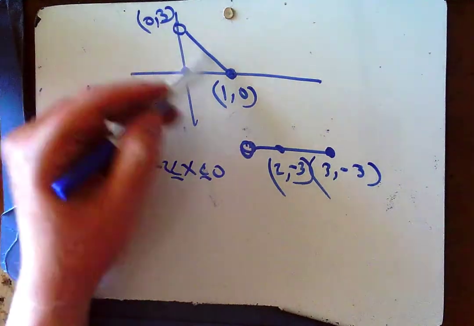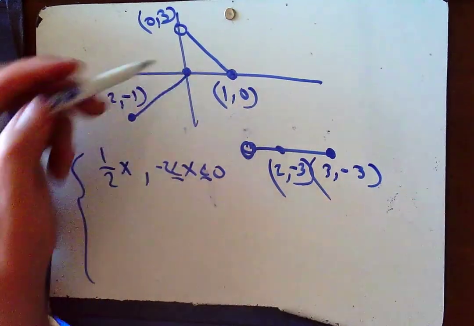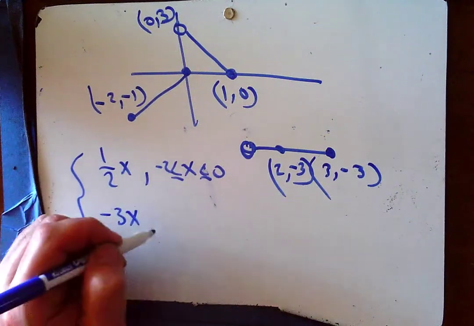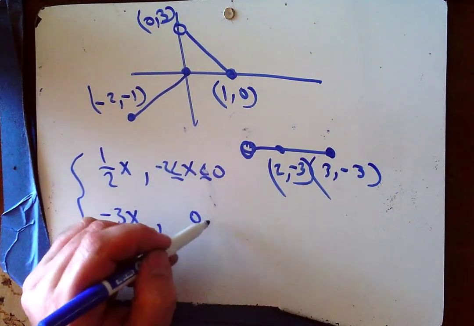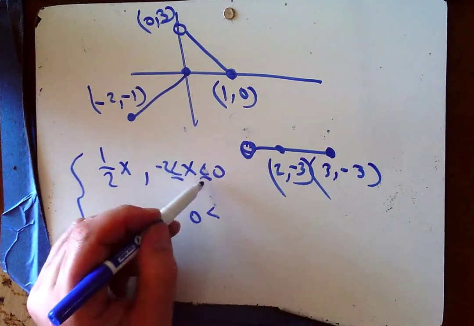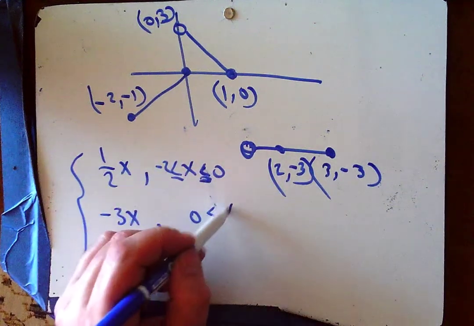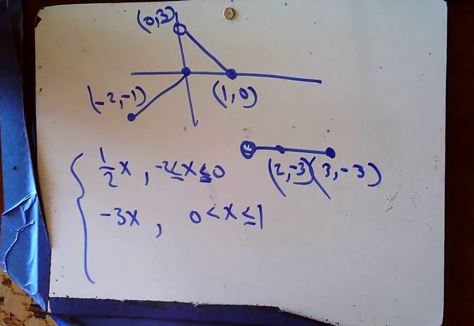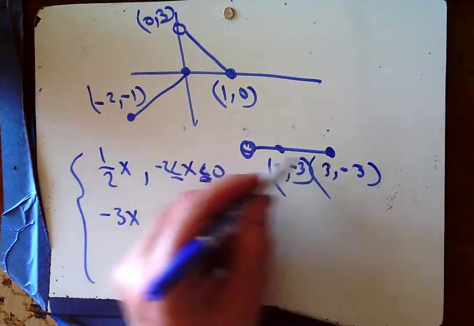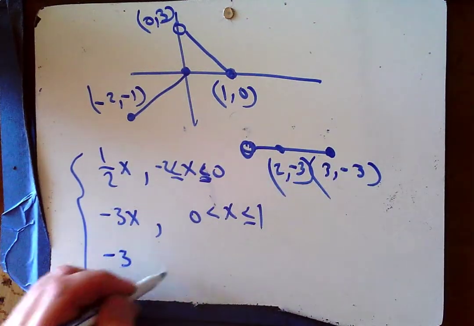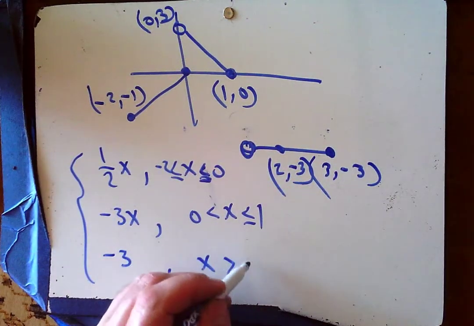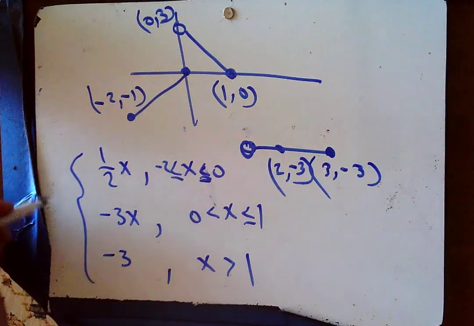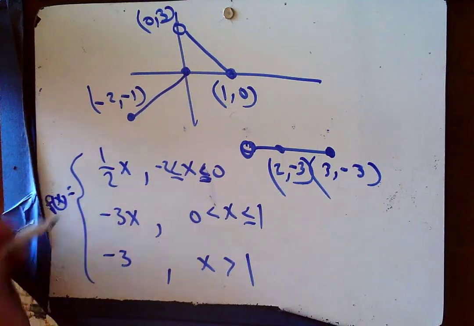This next piece goes down 3 and over 1, and that works from 0 to 1. And then finally we have this horizontal line, -3, for x values that are greater than 1. There's our f of x.